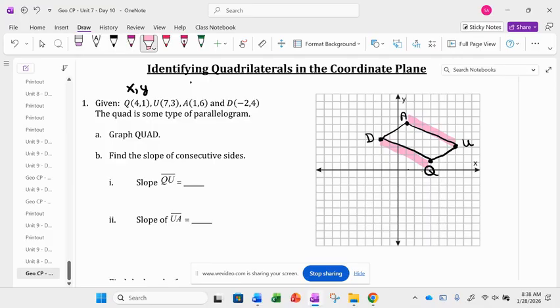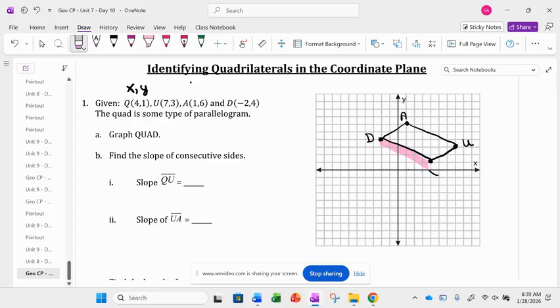Right? So what side would be consecutive to QD? QD and UA are considered opposite. Consecutive means they follow. So what side can follow QD or be next to QD?